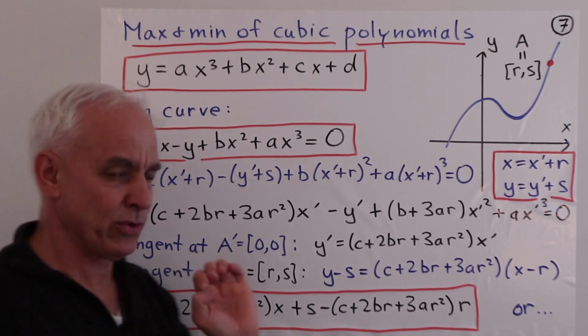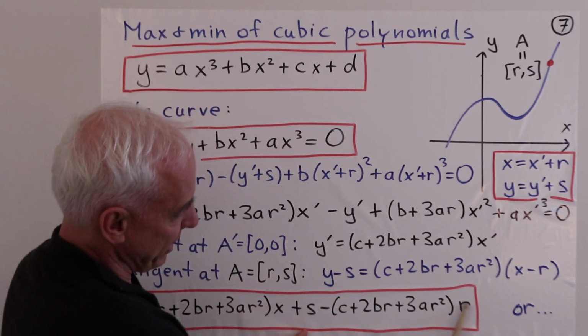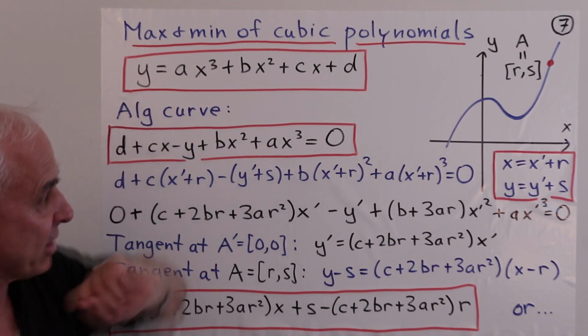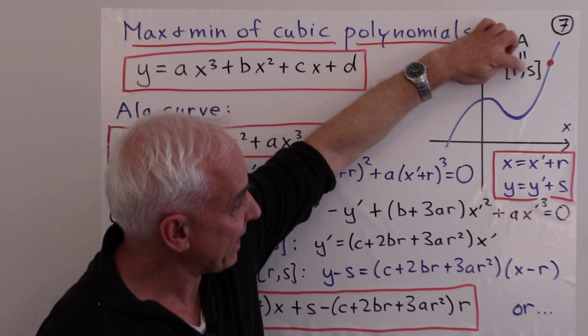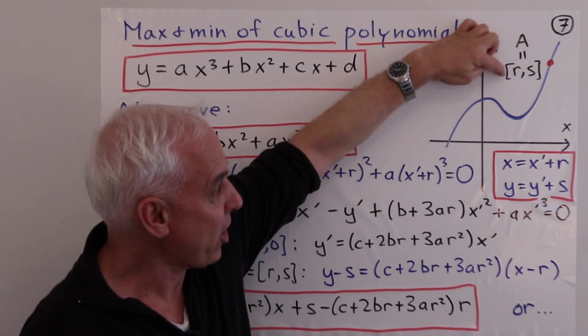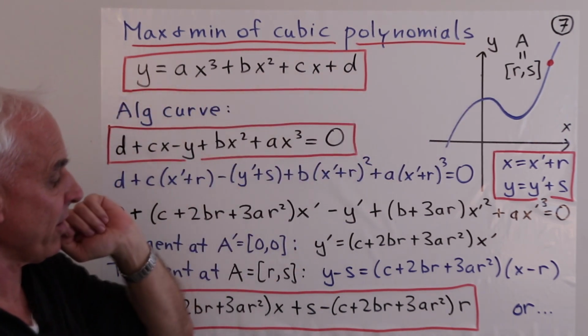But it's not actually quite as reduced as it could be because this constant term here can be simplified a little bit. It can be simplified because we're assuming that rs actually lies on the curve. So there's a relation actually between r and s, right? If we know what r is, then s is going to be given by this expression here.